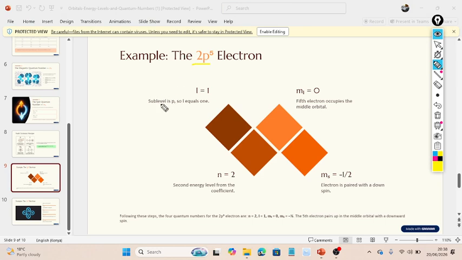So what does it mean? The sub level is p. This p will give us the sub level, and the 2 is the principal quantum number, n. Then this one is going to give us l, the sub level, and this one is going to give us the number of electrons, which are 5.